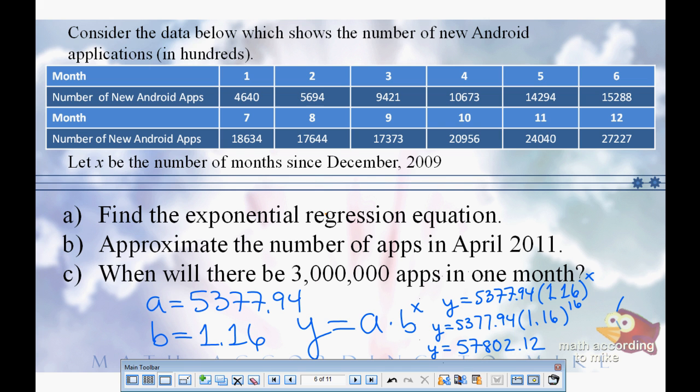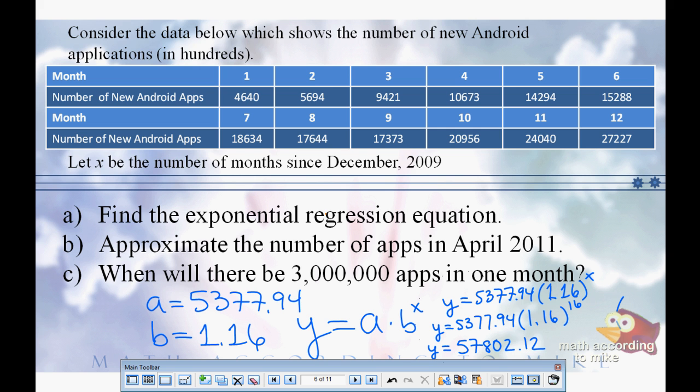So it's got to be somewhere between January and April. So don't write that as your answer. I would like to know which month specifically. So we're going to do this on the calculator because we don't know how to solve this equation by hand. 3 million is how many hundreds? 30,000. Okay, so keep that number 30,000 in mind.